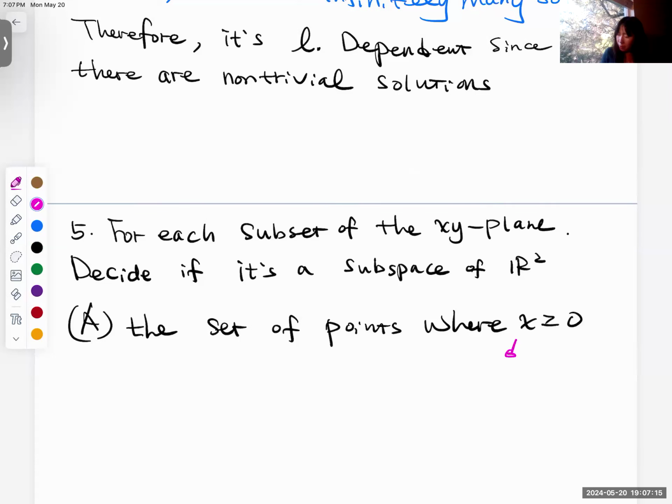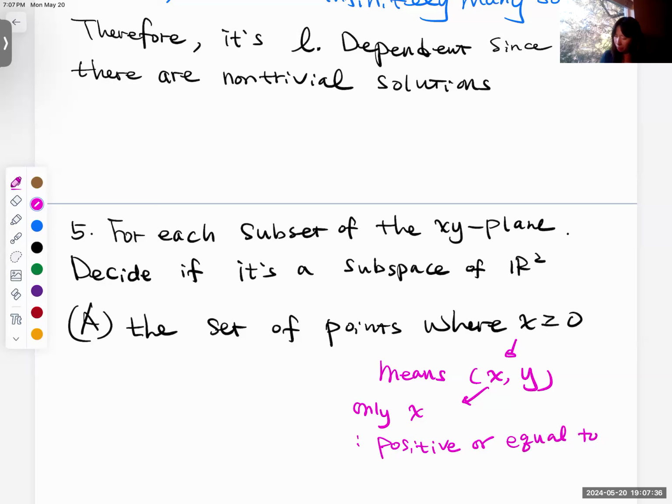So this means we have x, y, right? Ordered pair, so take only x, which is positive or equal to 0, right?